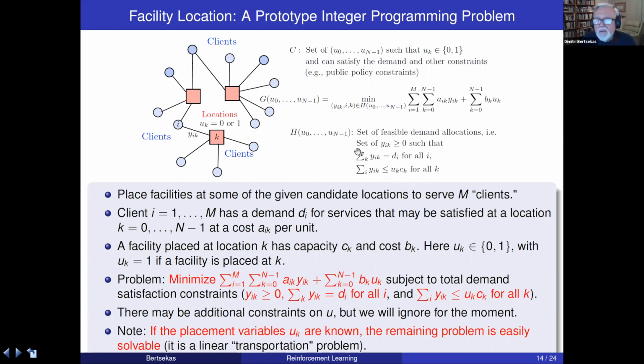So once I fix the u's, the constraint set of this problem is determined, and this problem becomes a linear programming problem, and its optimal value, I'm going to call it g sub u. In other words, I have eliminated the variables y from the problem by saying, well, they're automatically determined once you determine these location variables u.